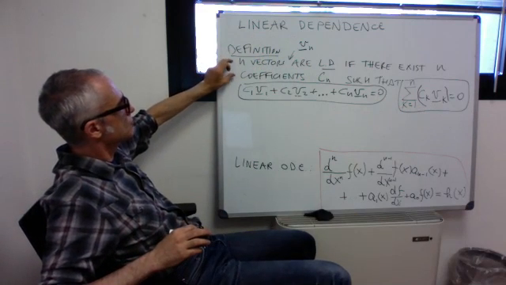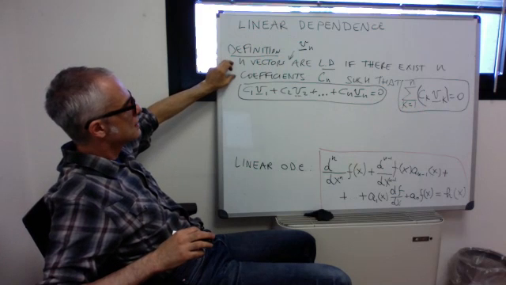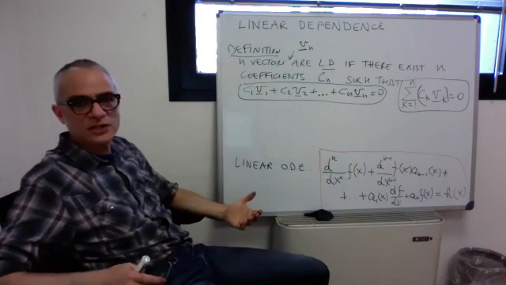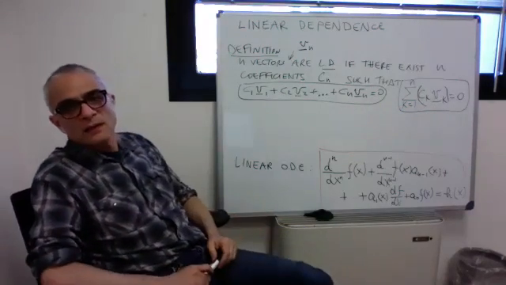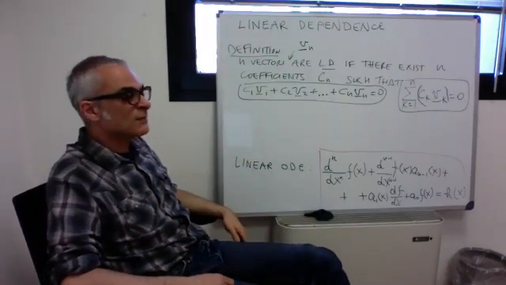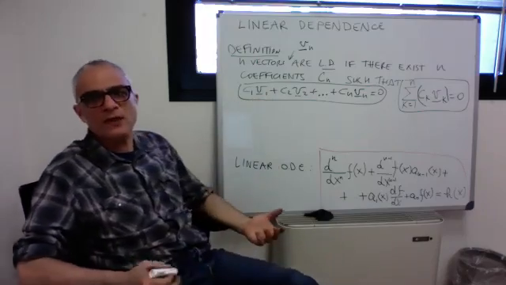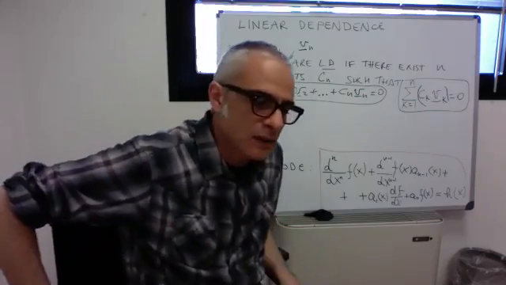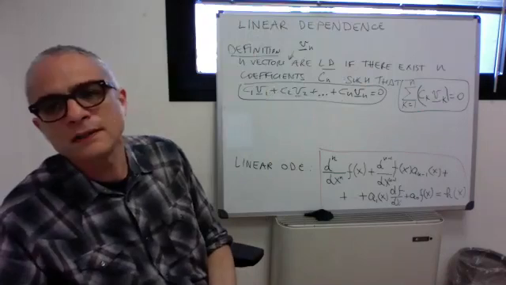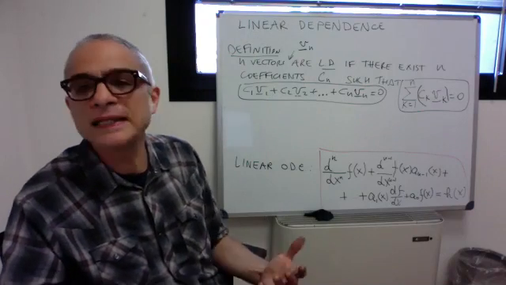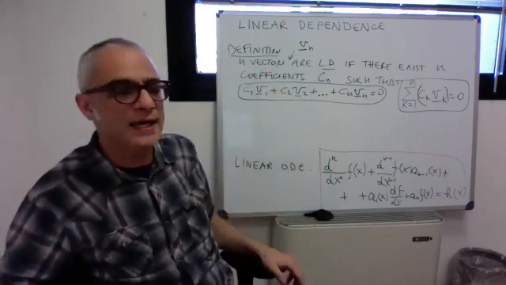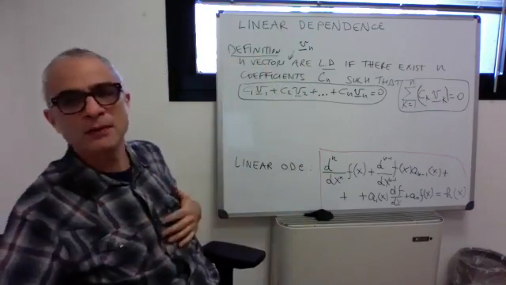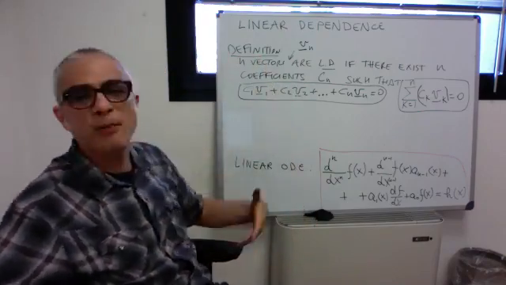Now, what you have to take home here is that this is a definition for linearly independent vectors in general. Usually, when you think of a vector, the most immediate example is a point in space, right?